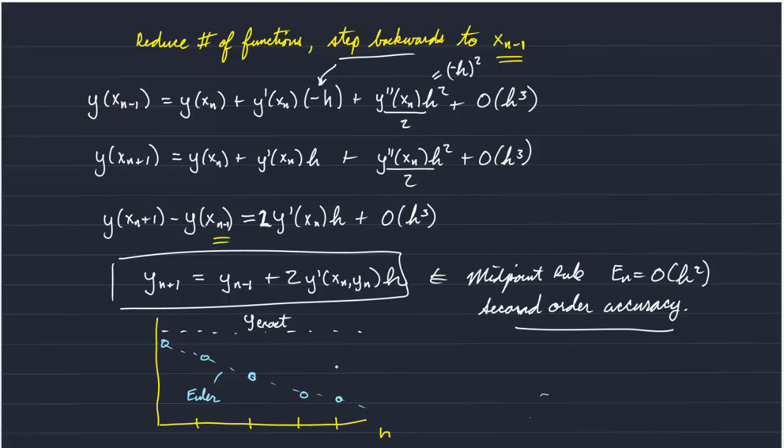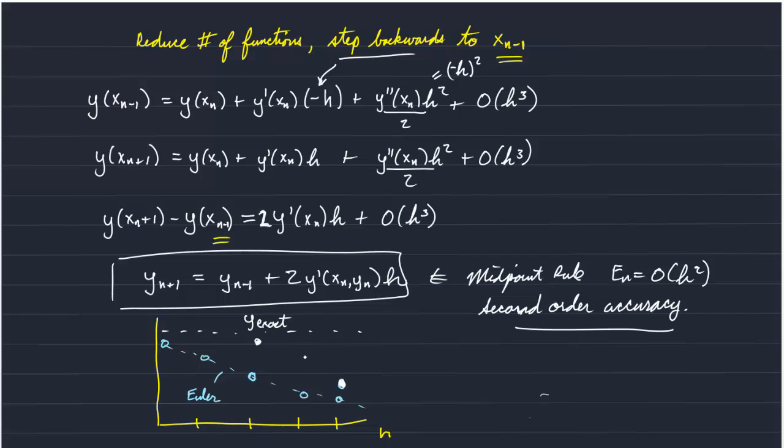But for the midpoint rule, since it's second order, we might start off with a different solution at a large value of h. But if we were to halve h, our error would be reduced by a quarter.